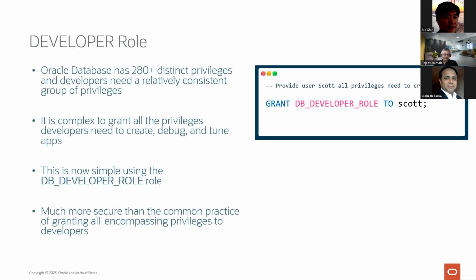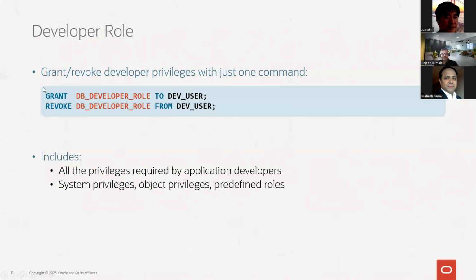So the developer role is DB_DEVELOPER_ROLE, right? We'll see. So it becomes easy. For us to grant a role to a user, just with one command, grant role DB_DEVELOPER_ROLE to the developer user, and we can revoke it with one command, right?